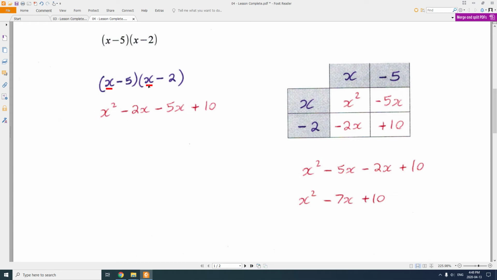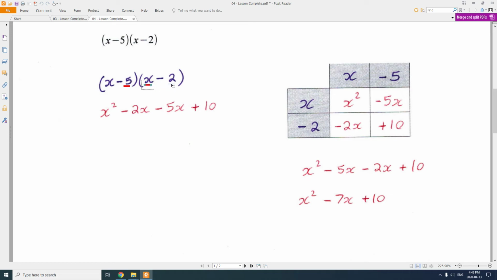First, next is outside. Keep the sign with it. The outside terms multiply. x times negative 2 gives me negative 2x. Now I do insides. Keep the sign. Negative 5 times x gives me negative 5x.